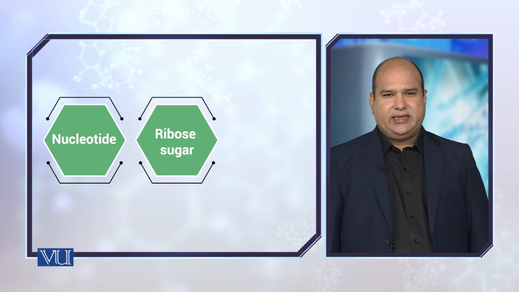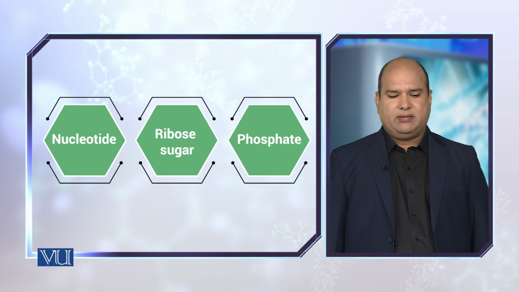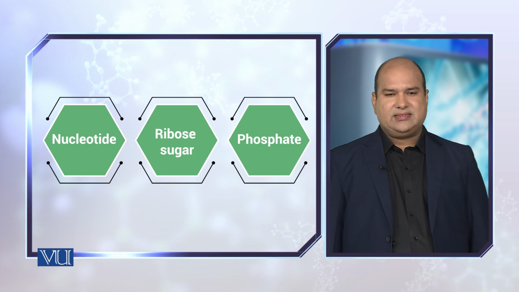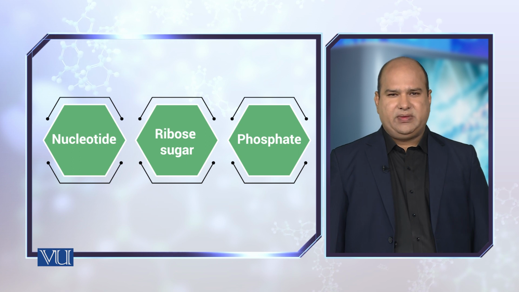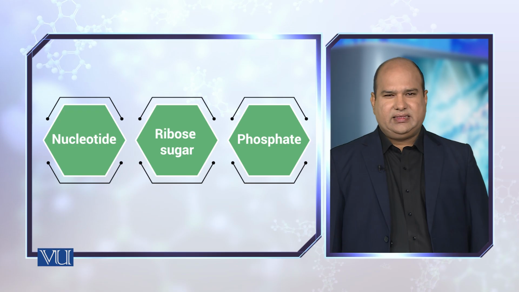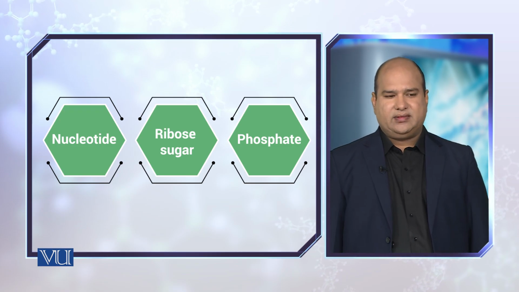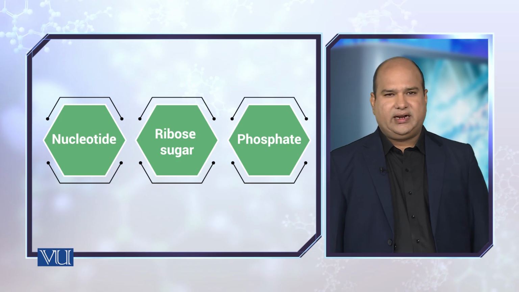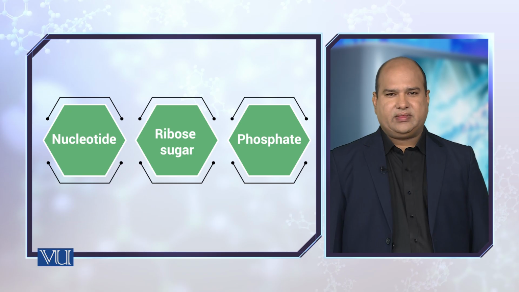Therefore, for understanding the functional aspects of ATP, it is of the highest importance that we also know about the structural aspects of ATP. The ATP molecule consists of three very important components. First is the nucleotide component, and as it is ATP, its nucleotide is adenine. The second component is the ribose sugar, and the third component is the phosphate moiety.